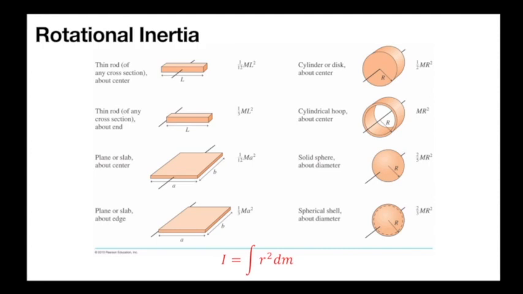Let's take a look at this plane right here on the bottom. The plane, or a slab about an edge, the length of it, this b, right, this length does not come into the equation for moment of inertia or rotational inertia at all. Why? Because it doesn't matter how long it is, it just matters how much mass is here.